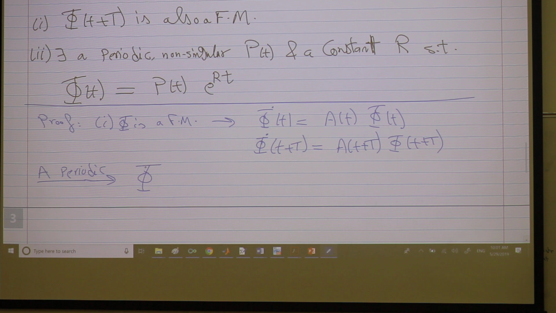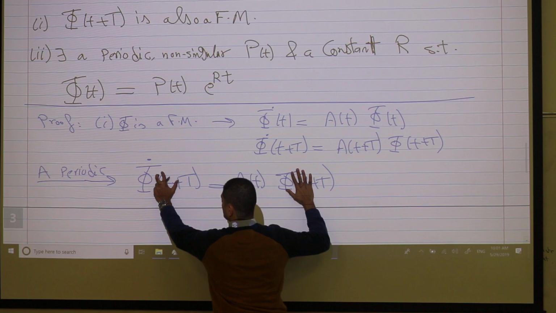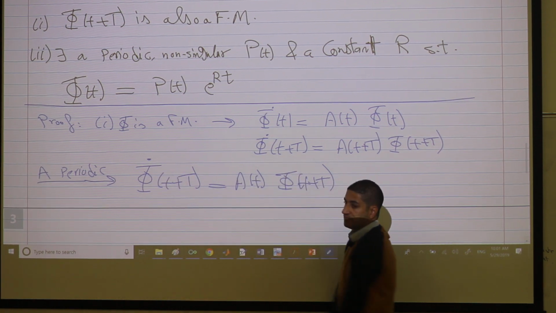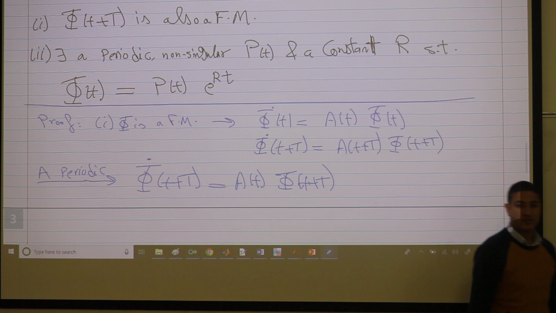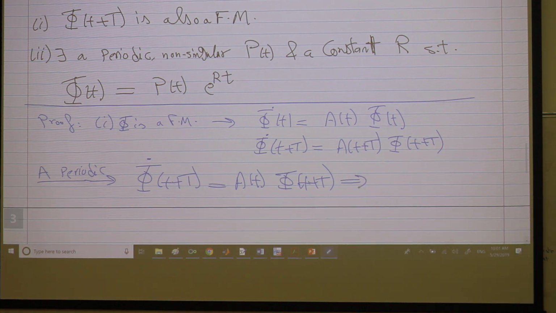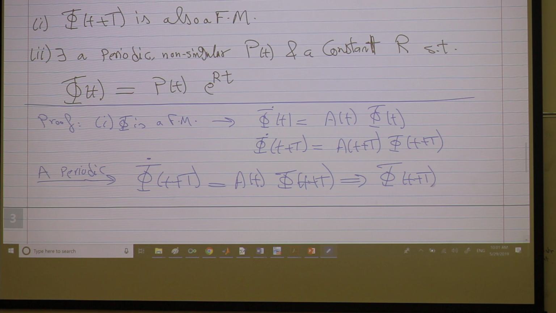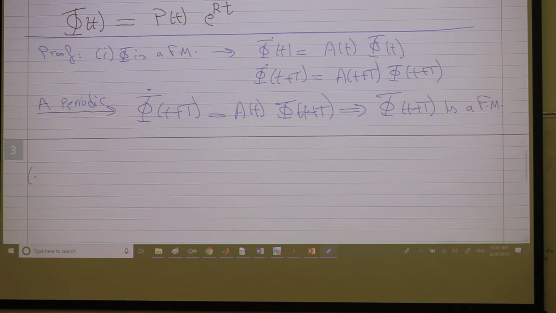So this simply gives you phi dot of t plus T is A of t, phi of t plus T. And that's it, right? Because we showed that this matrix, whatever its name, satisfies the differential equation. So phi of t plus T is a fundamental matrix. Any question about that? That's so easy. But we will need it in part 2.